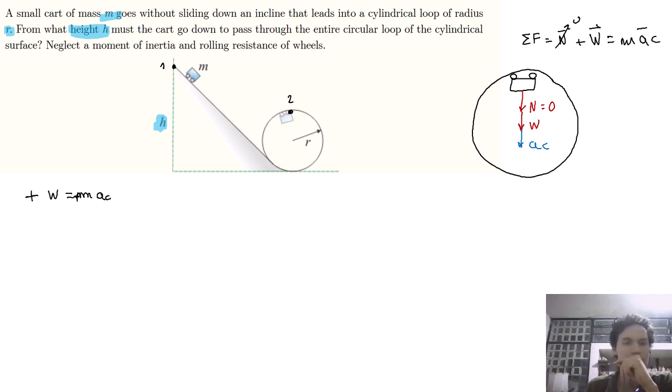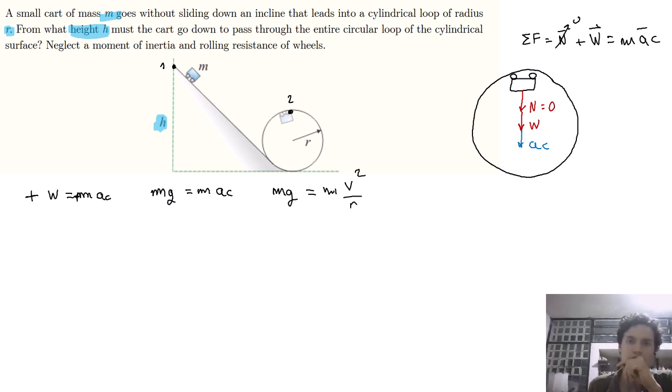So what is weight? Weight is basically mass times gravity, and that is equal to mass times the acceleration. And the centripetal acceleration has a formula: velocity squared over the radius. So mass times gravity equals mass times velocity squared over the radius.